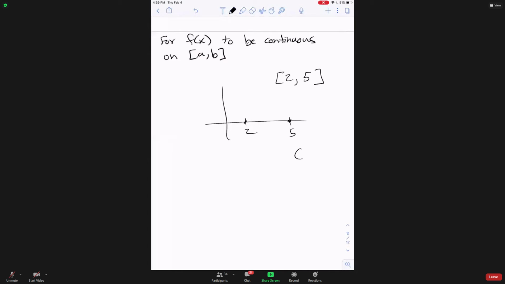Whereas if I give you the open interval 2, 5, which looks like this with parentheses, that means everything inside 2, 5, not counting the endpoints 2 and 5. So everything from 2.0001, which doesn't make sense because it could be even something smaller than that, all the way to like 4.9999, right before 5. You can't say 4.99 because there's always some number between 4.99 and 5.